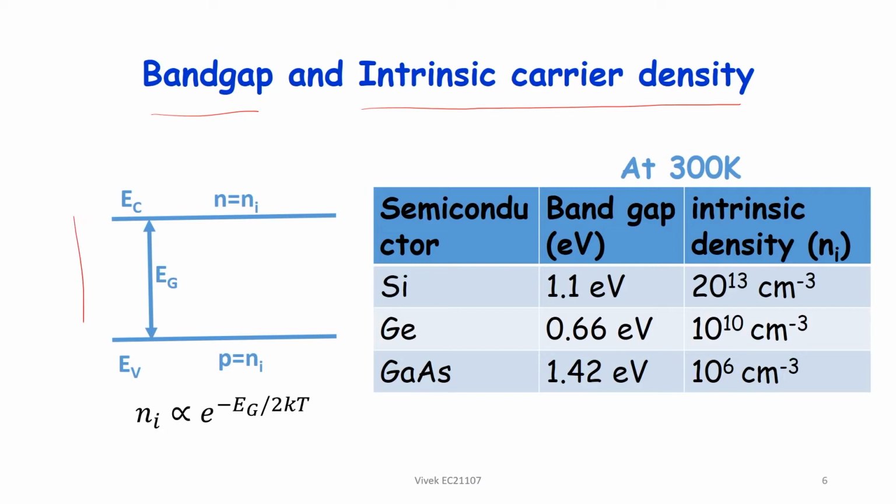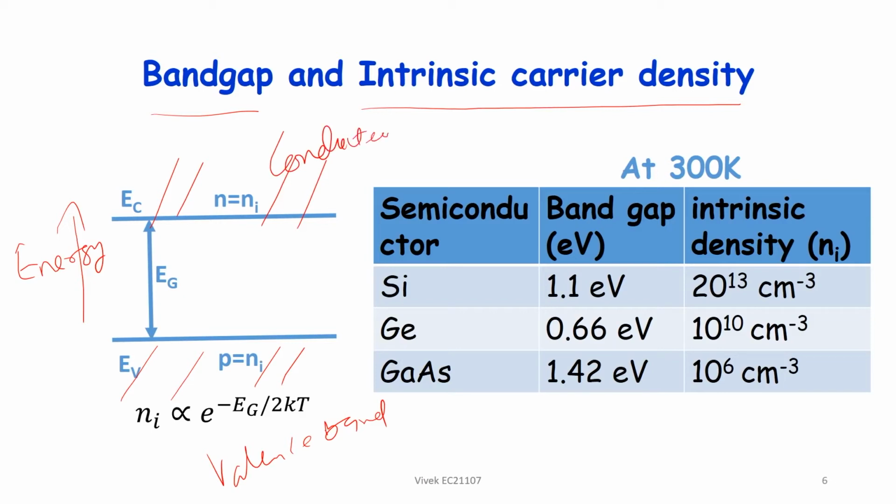The axis is energy, and below is the valence band, and above is the conduction band. The lowest energy of the conduction band is called EC, or conduction band edge energy. The highest energy of the valence band is called EV, or valence band edge energy, and the difference of the two is called band gap, EG.